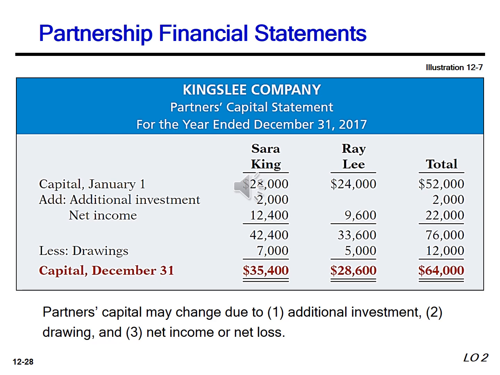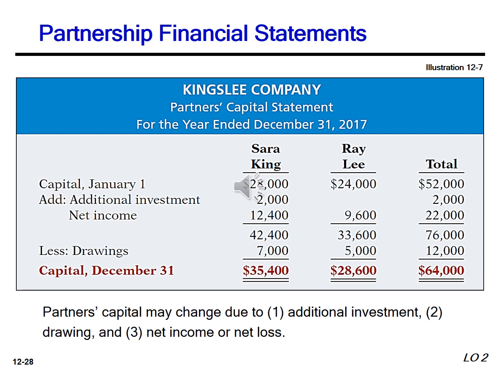Ray Lee did not contribute any additions to the capital of the business. And then the net income split, as we calculated at the beginning of this illustration: for Sarah King it was 12,400, and for Ray Lee it was 9,600. Then we tally up the totals for each individual partner and for the partnership in total.